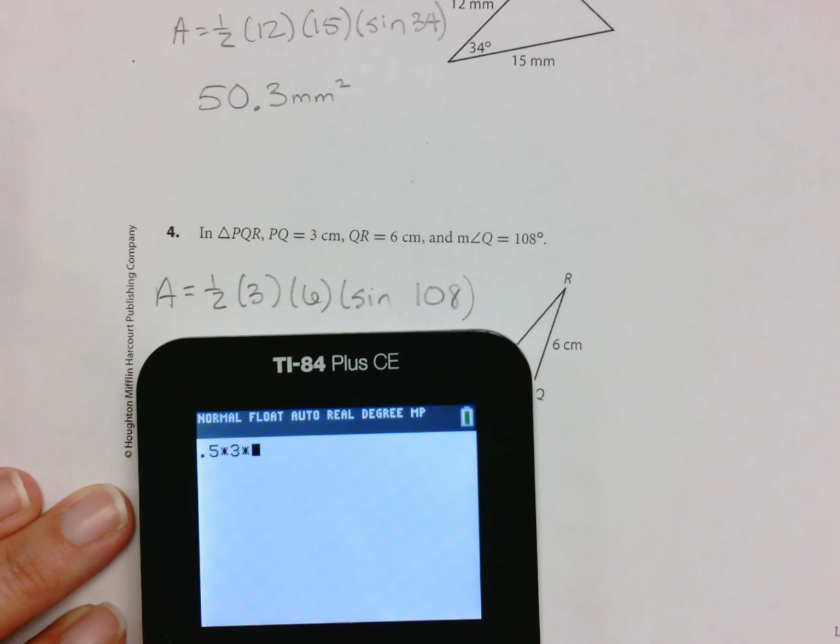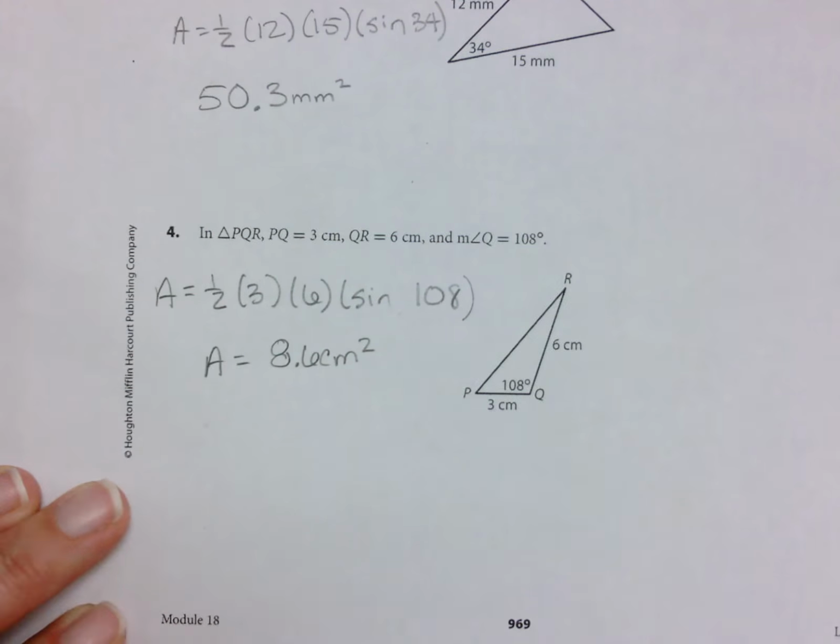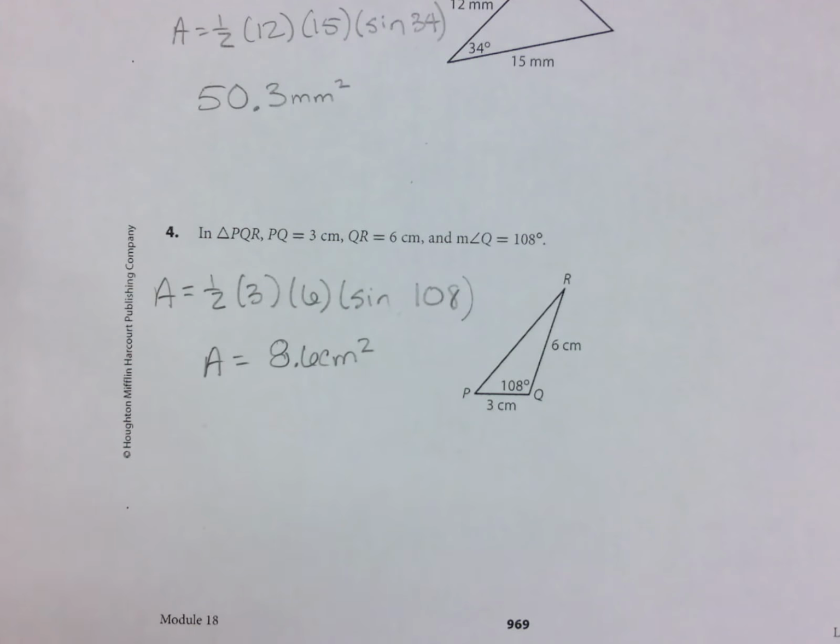I find that the area of that triangle is 8.6 centimeters squared. That is how you find the area of a triangle using a trigonometric ratio.